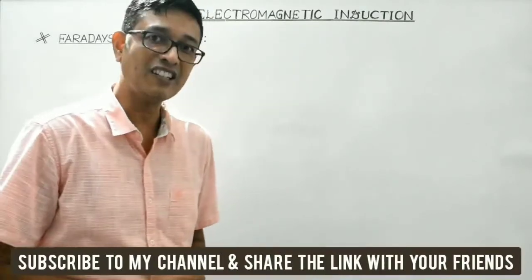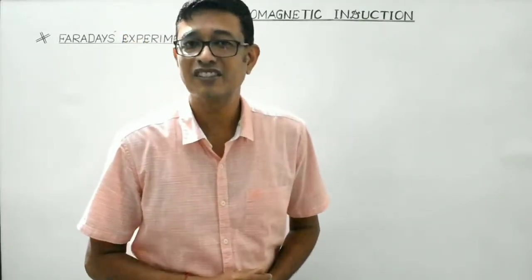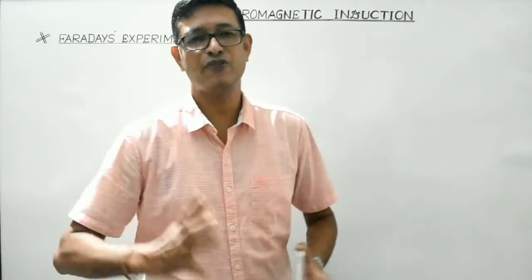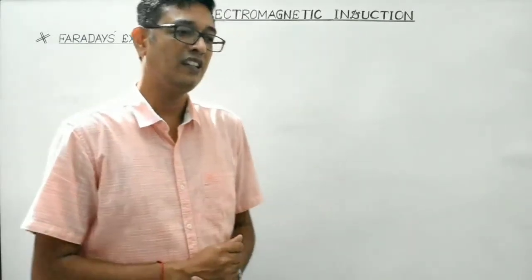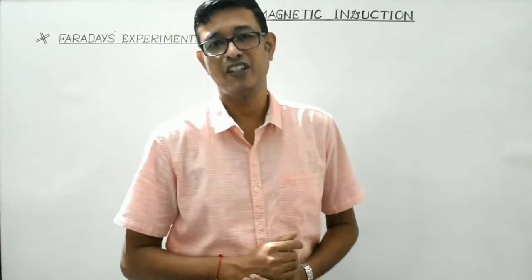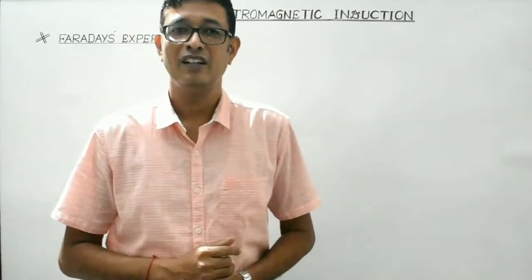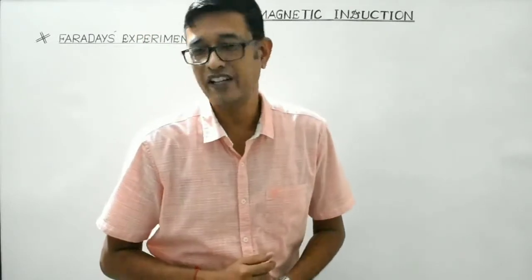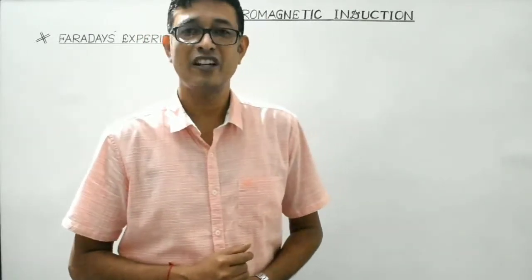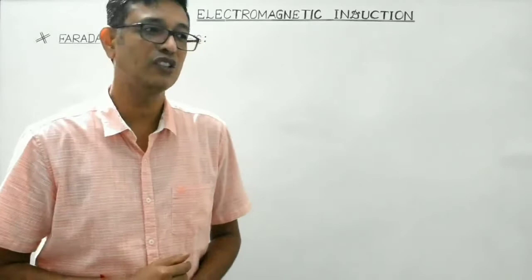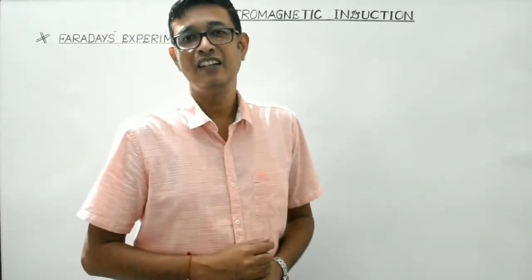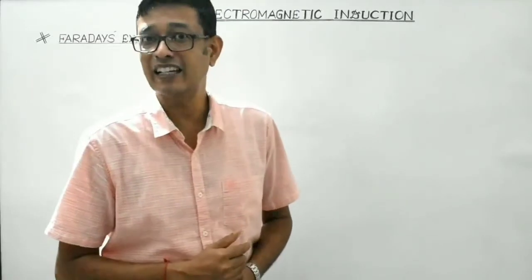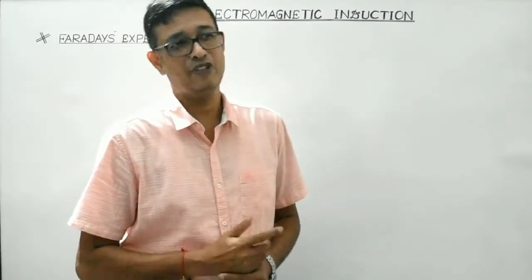We are going to start a new unit, which is electromagnetic induction. It's a wonderful phenomenon, and I'll start with a brief history. In 1820, Christian Hans Oersted, a Danish scientist, experimentally verified the magnetic effect of current, which we've already studied.